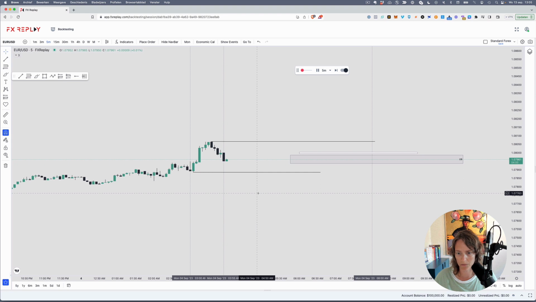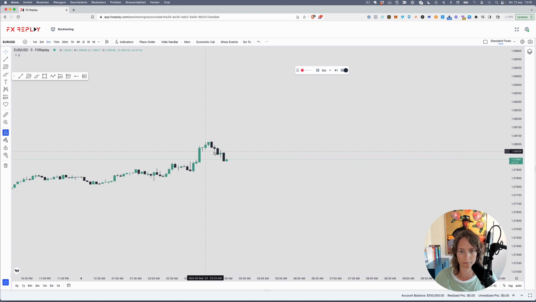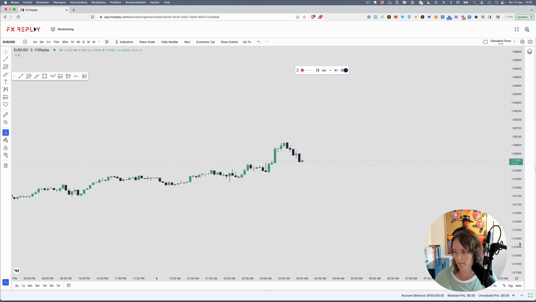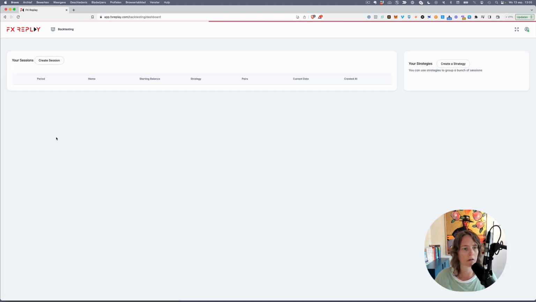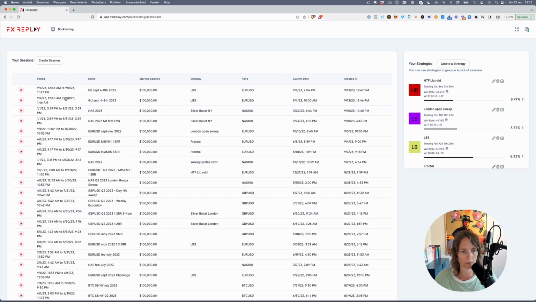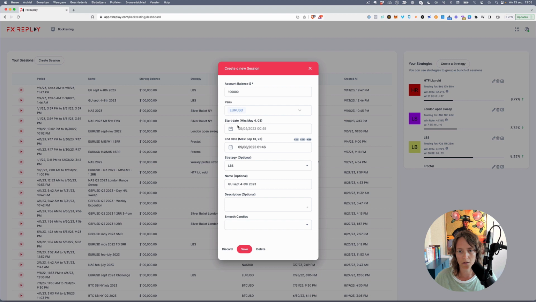Now there's already some drawings on that I removed from previous backtests. So now we can't see anything. This is still Euro. What am I doing wrong? It's a session created with the wrong pair, maybe. Euro USD.